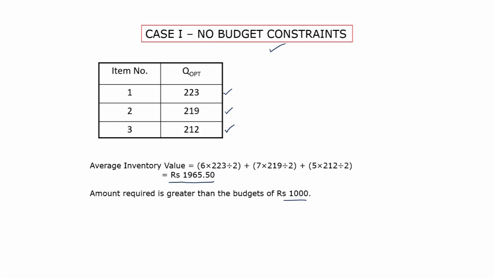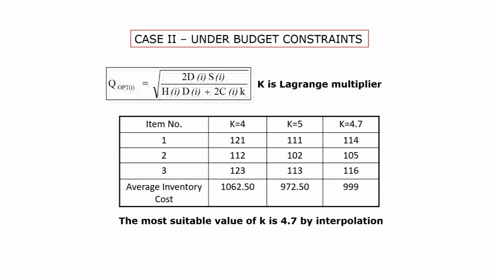We can apply the Lagrange multiplier. In this case, we can use this particular relationship to find out the optimal quantity, and this k here is called the Lagrange multiplier. If I use this value of k, my order quantities for the different items come out like this, and the average inventory cost turns out to be 1600. If I take the value of k as 5, the average inventory cost turns out to be 972.